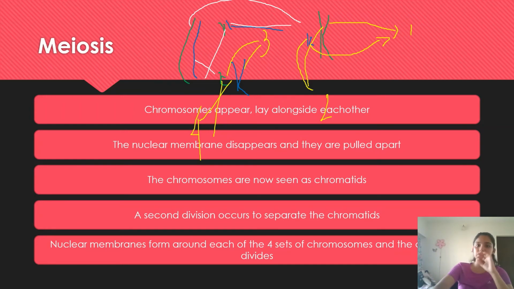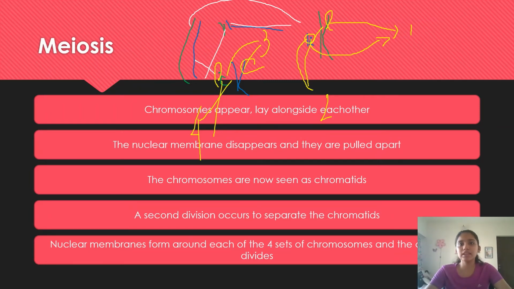Now, what is different in meiosis is that a step comes in the middle of this where after chromatids are formed, that is called crossing over, where genetic material from each chromosome is swapped amongst the chromosomes. So this is not part of your IGCSE. Even these steps are extra information, but it's always good to know them because you feel confident.